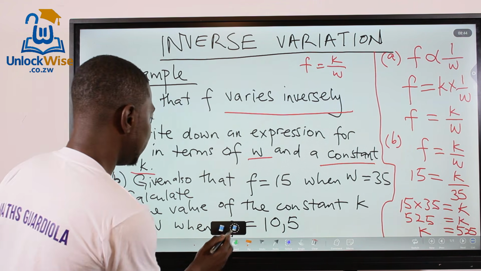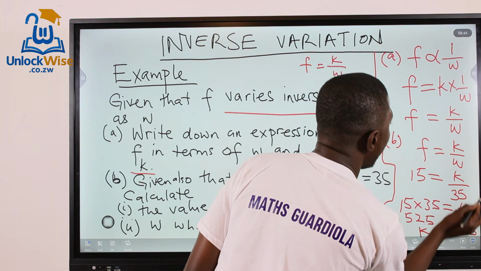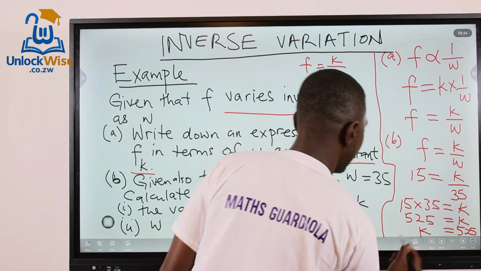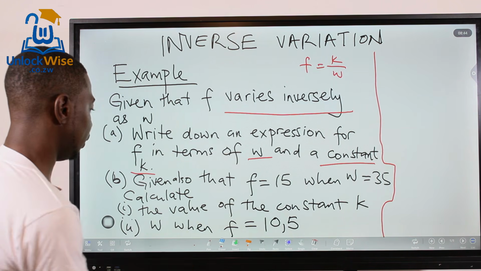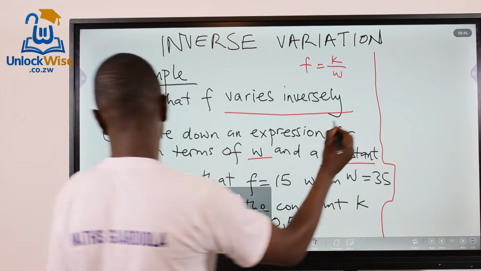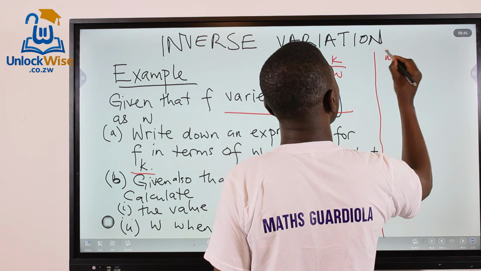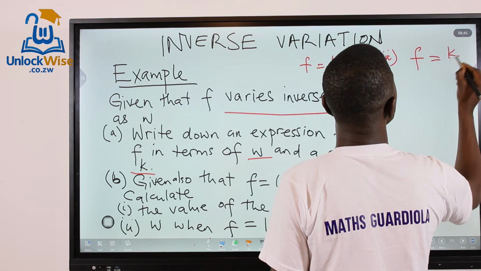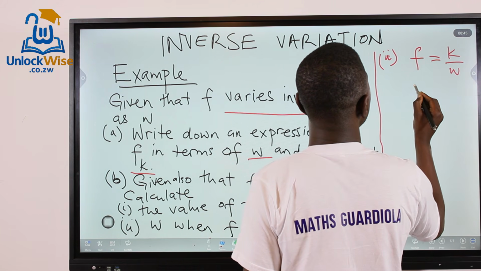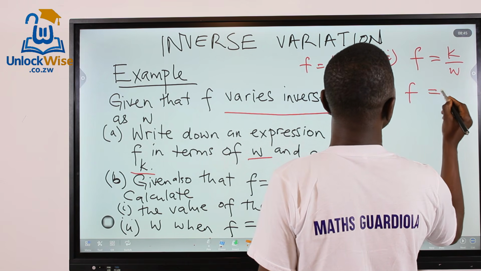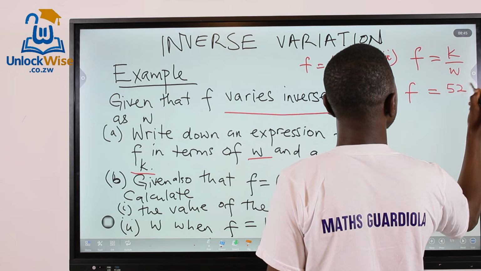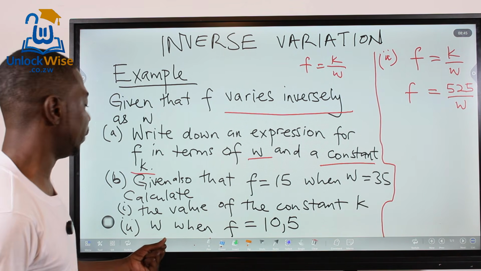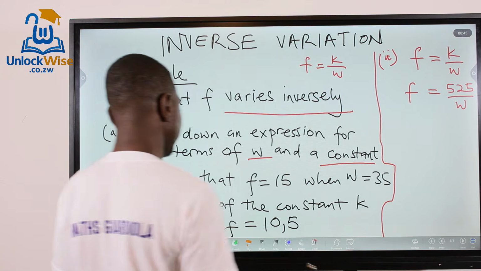So f equals 525 over w, and we are asked to find w when f is 10.5.